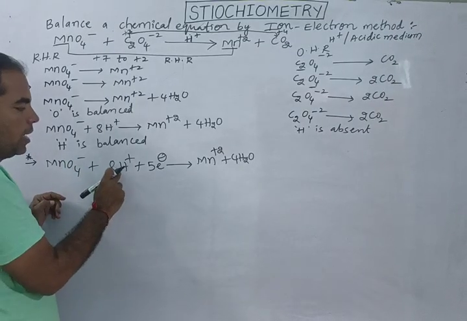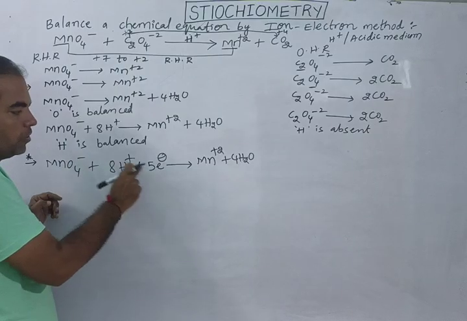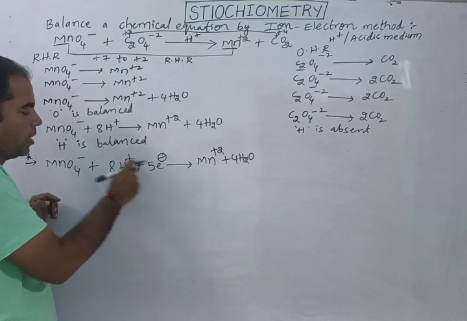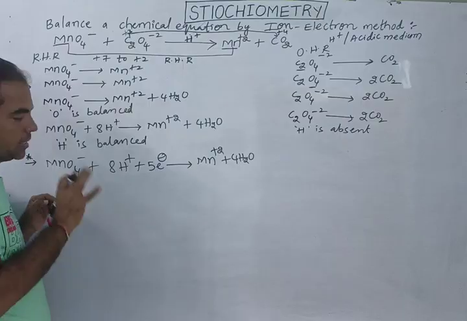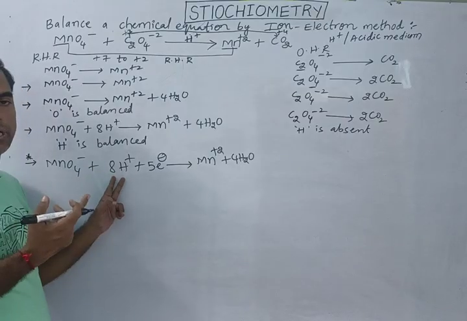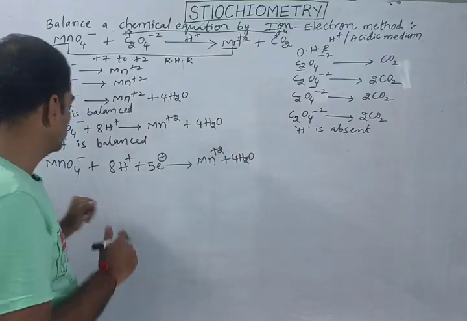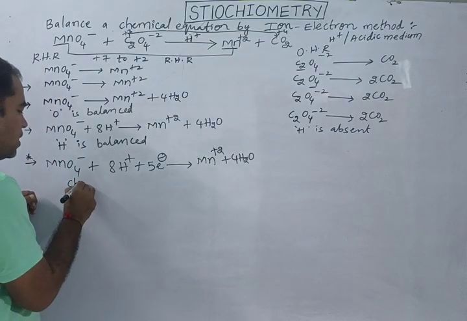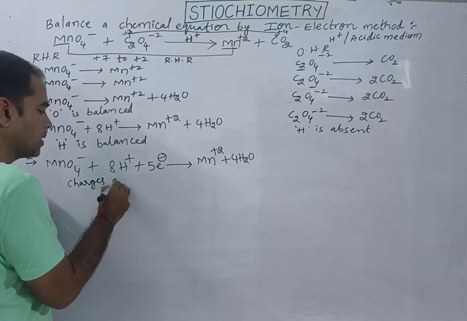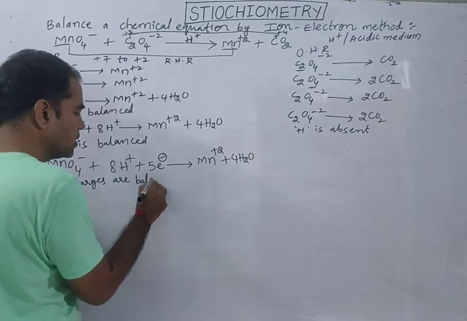That means 8 positive, 1 negative, and 5 electrons also negative. 5 and 1, 6 negative charges, 8 positive charges. Net charge is 2. Here 2. Now the charge is balanced. Charges are balanced. Is it clear?